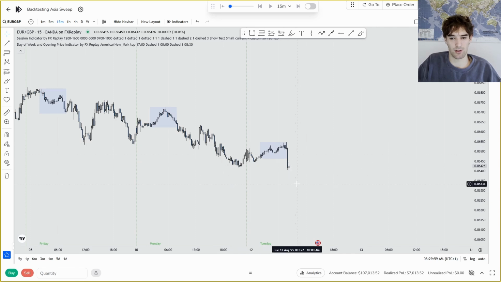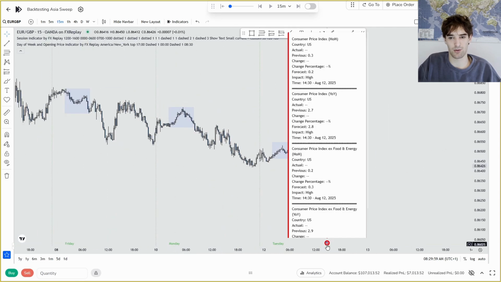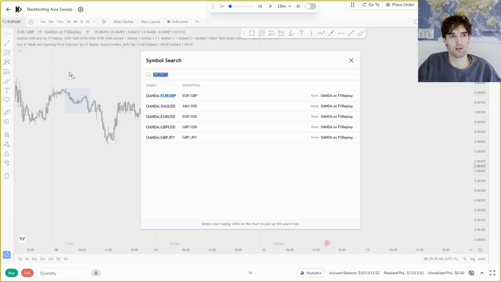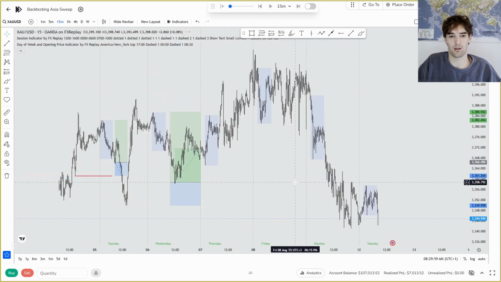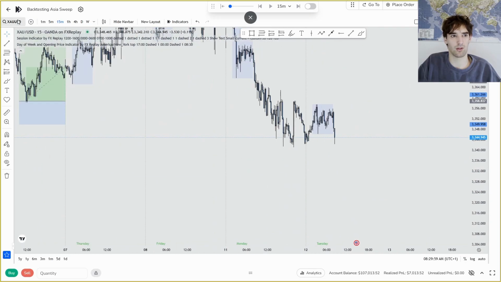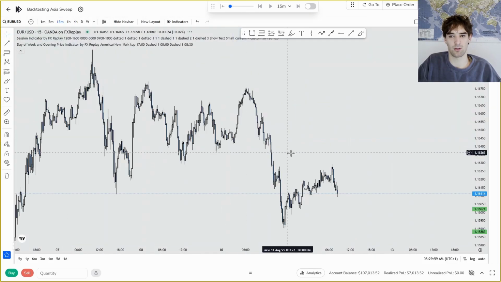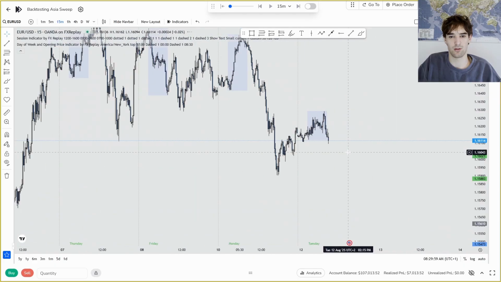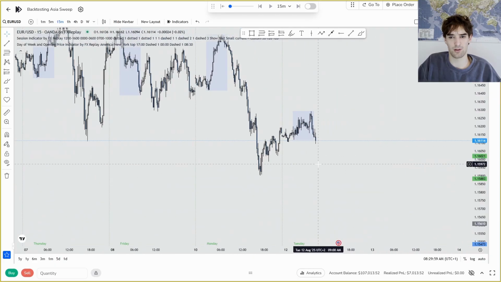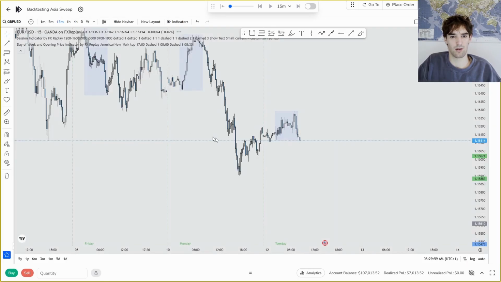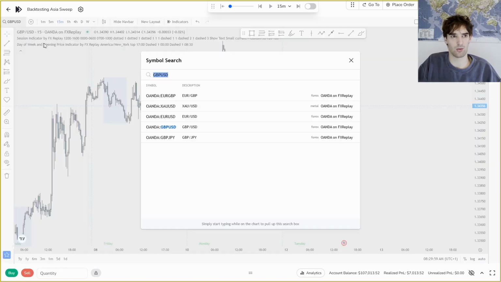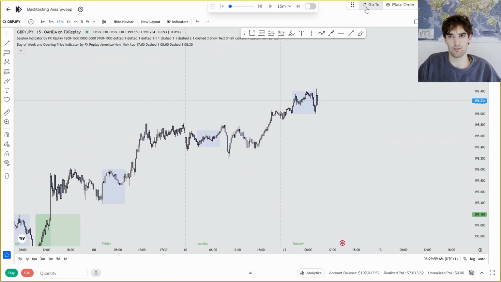Again, EG already hit the low when we're looking for shorts. Oh, it's CPI. Gold, nothing. Take a look at EU. I would not look for longs here. And it's CPI, so I would just go for the next day.